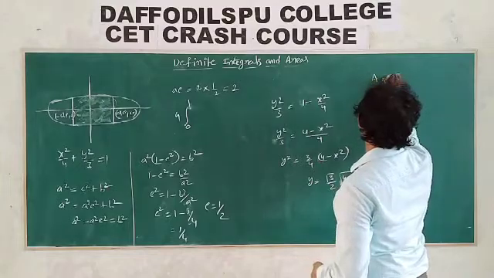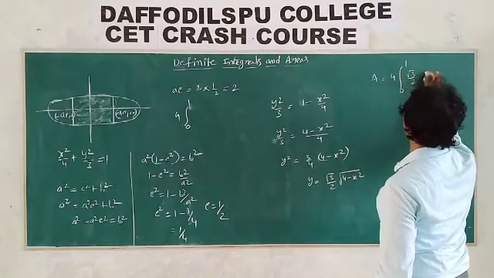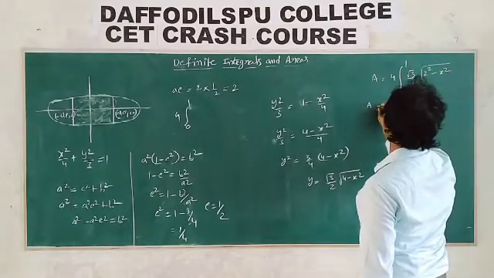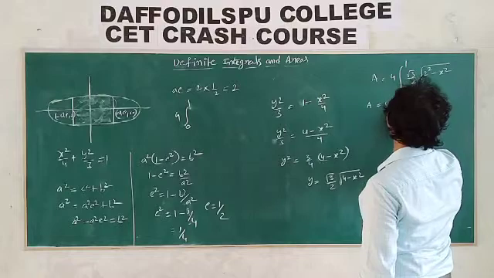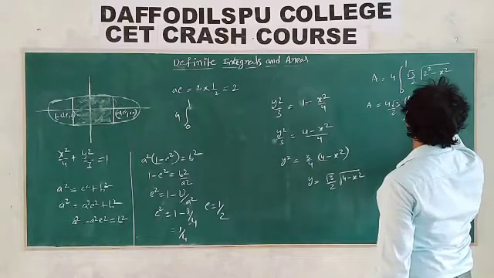This area is equal to 4 into the integral from 0 to 1 of root 3 by 2 into root of 2 square minus x square. Therefore, A is equal to 4 root 3 by 2, integral from 0 to 1 of root of 2 square minus x square.